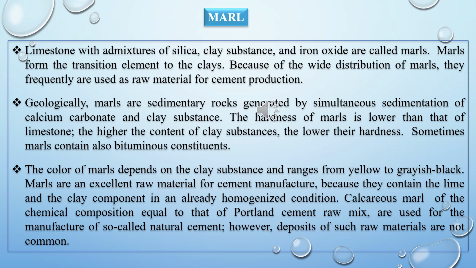Students, first of all, what is marl? Limestone with the admixture of silica, clay and also iron oxide is known as marl. Marls are frequently used as the raw material of cement production.